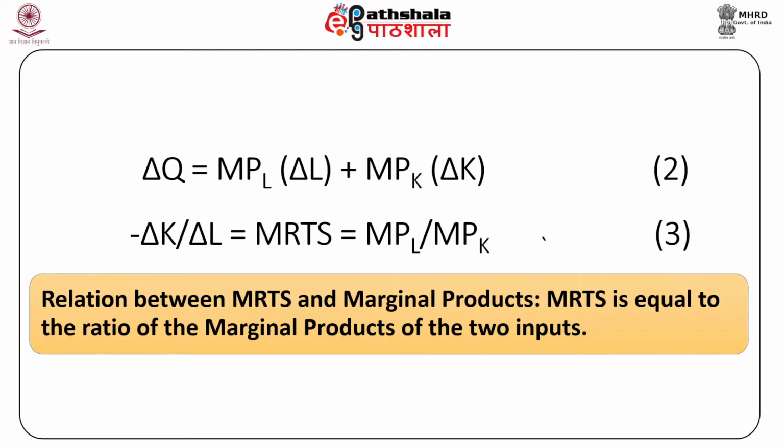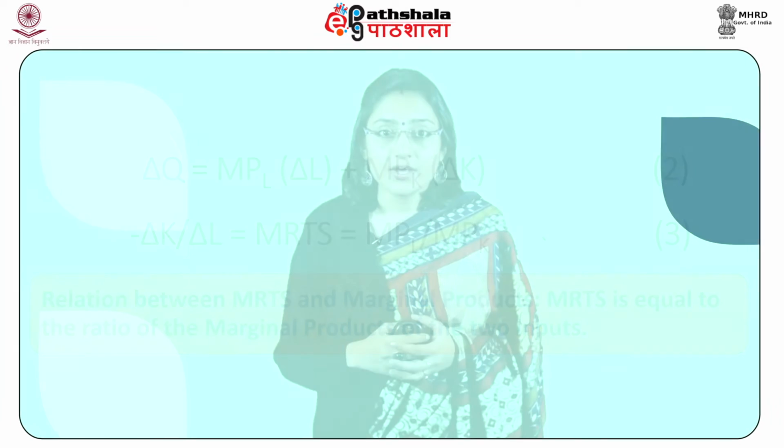Now this relation clearly explains the reason for diminishing MRTS. Two forces are working to diminish the marginal product of labor as we move down an isoquant. First, as more and more labor is used, this leads to diminishing marginal product of labor, movement along the MPL curve, and second, as more labor is used, this leads to a reduction in capital so that the MPL curve itself shifts downwards.